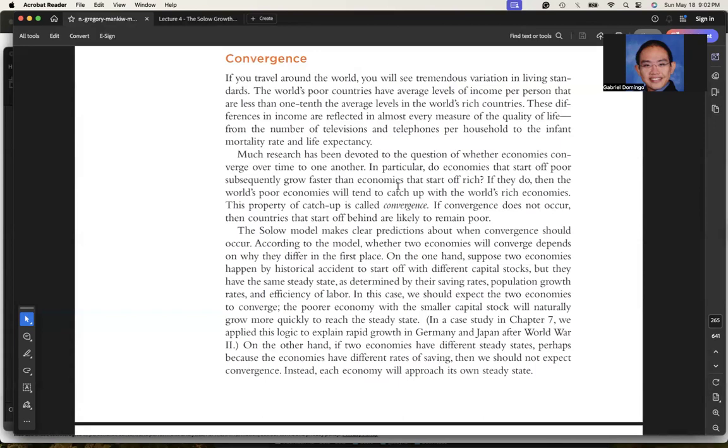That's empirically true. And then there's a form of catch up. The poor countries are growing faster and therefore they're catching up. And then they're going to converge to the same output per worker as the rich countries.